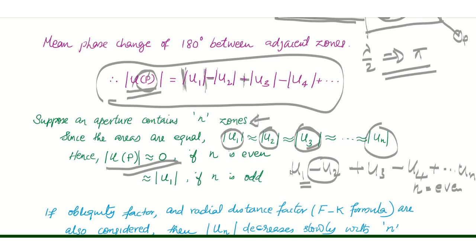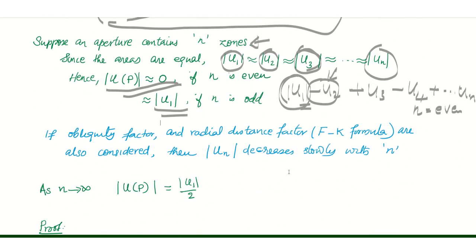Then if n is odd, all the contributions except one of them will cancel, and therefore it will be U1 if n is odd.